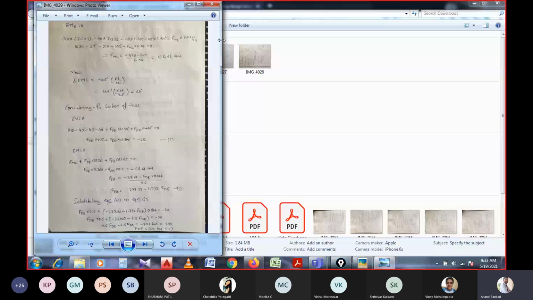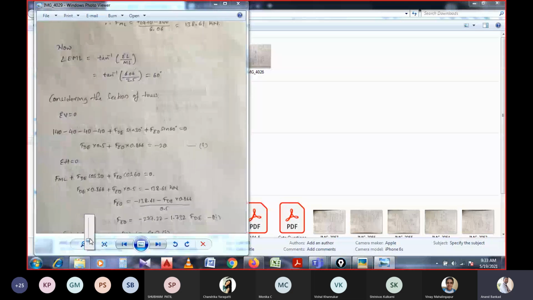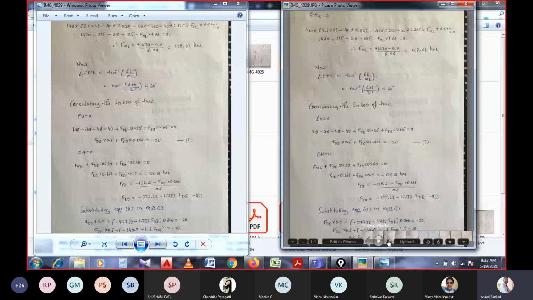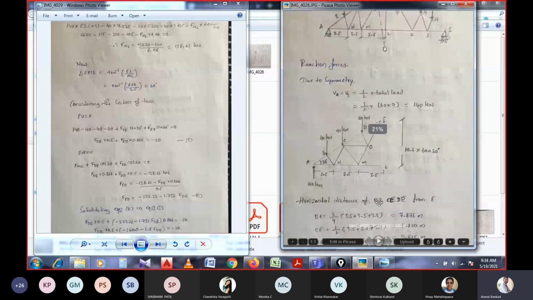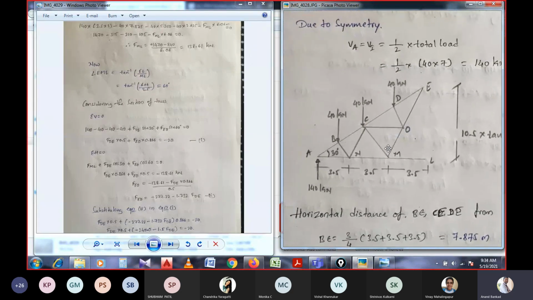On the right hand side, the diagram is visible for you. Is it clear?